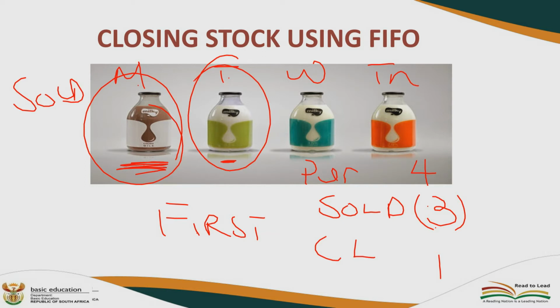If we sold 3, remember, it means this was the third bottle to be sold. If we sold 3, that simply means of the 4 that we purchased, we are left with 1. Which one is it? The last one that we purchased. The recent one to be purchased becomes now your closing stock. So your closing stock is going to be the orange one.